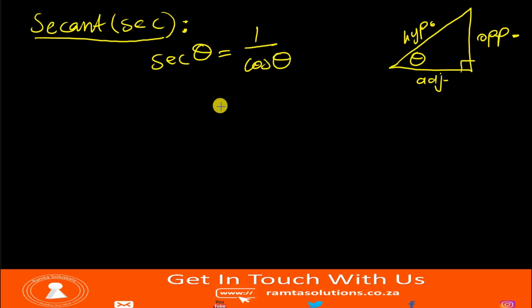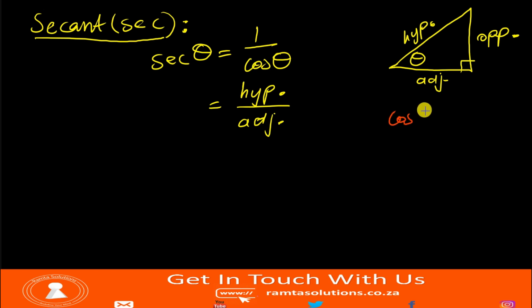Since secant is the reciprocal of cosine, the numerator becomes the denominator and the denominator becomes the numerator. So this will be hypotenuse over adjacent.